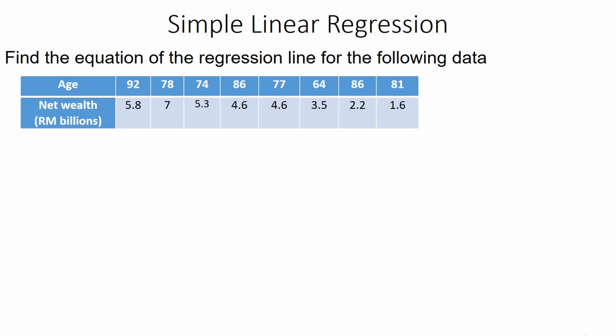Alright, example. Find the equation of a regression line for the following data. So this is from the previous example in the previous lecture. We already found the correlation coefficient between these two variables, age and net wealth, and now we proceed to find the equation of the regression line.